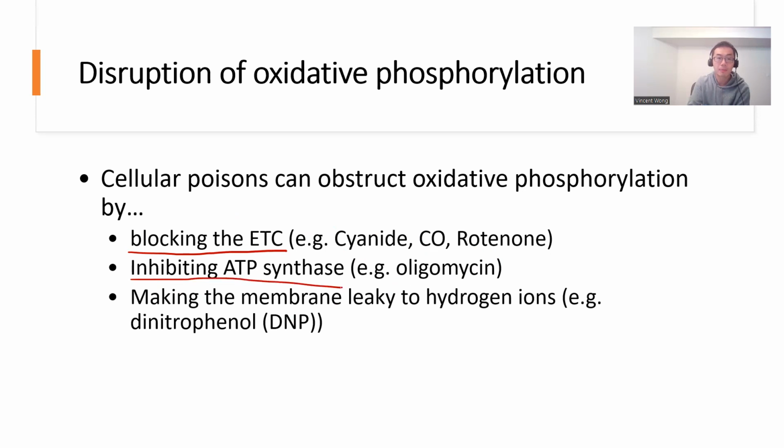There is something that could inhibit the ATP synthase, such as oligomycin. And then there's something that could make the membrane leaky to hydrogen ions, something called DNP. I'll go through each one of them with you.